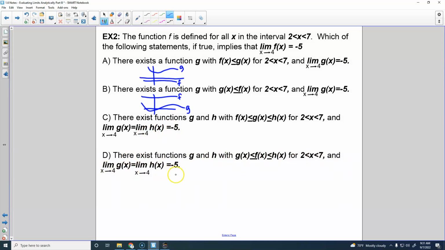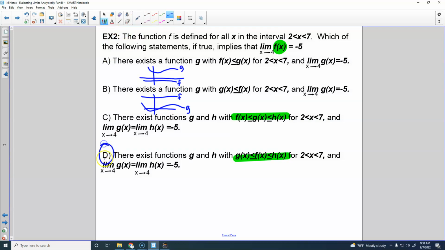Here, this is exactly the same. The only difference in these two answer choices is the order of our functions. So we want to know about f of x, right? That's what the question is asking us about. So to use squeeze theorem, where should f of x be in that order? Middle, right? So what answer choice is the correct answer choice here? It's going to be D.